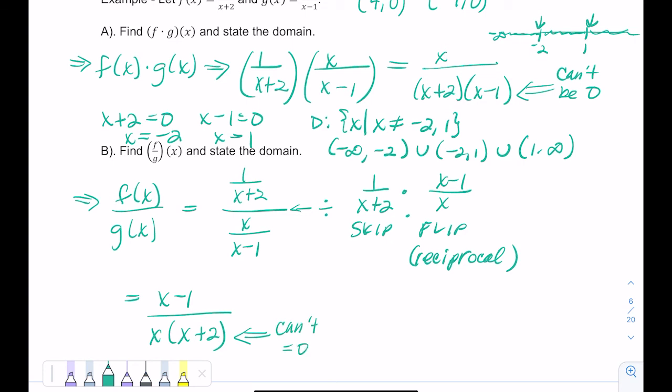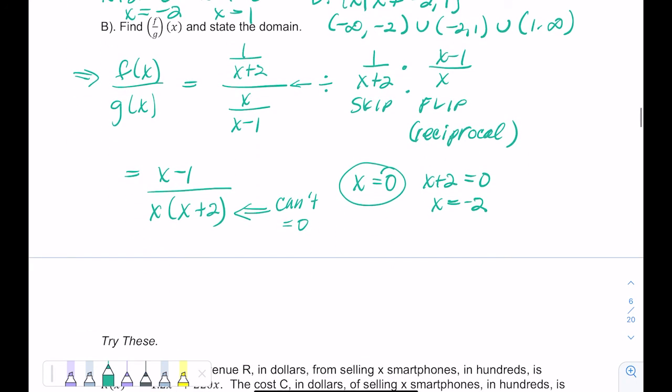So you're going to take both of the factors, x and x plus 2, and make them equal 0. So this one's already solved for you. This one's not. So the two values x can't be are 0 and -2. They're your restricted values. So your domain, you would just put in set builder notation x such that x can't equal 0 or -2.